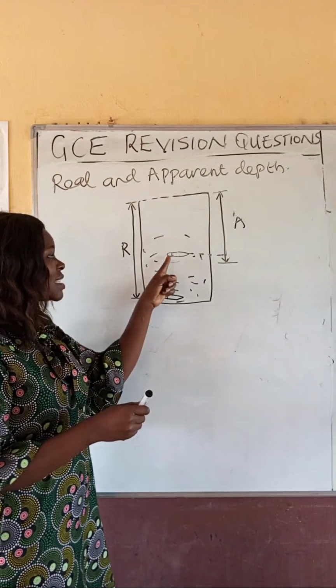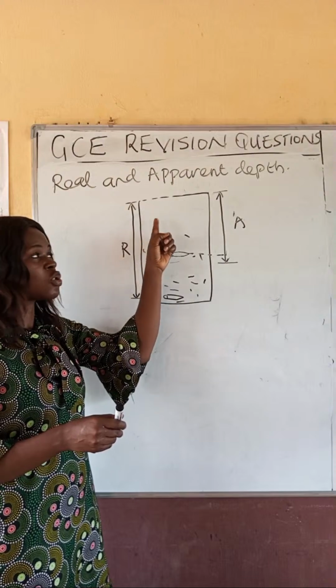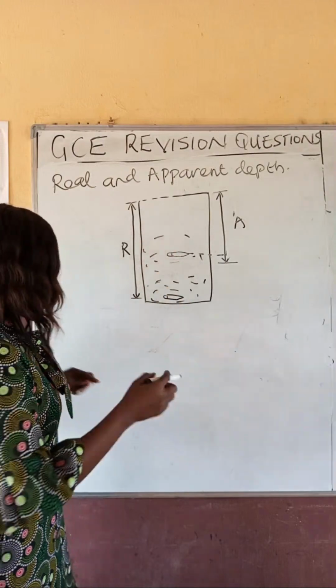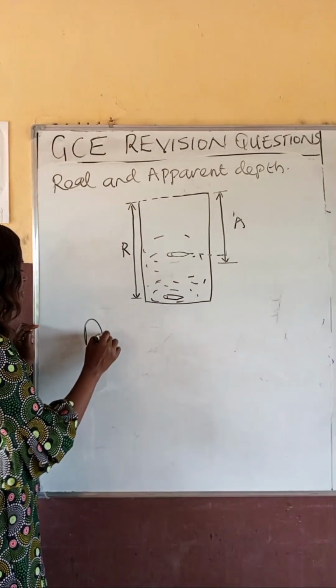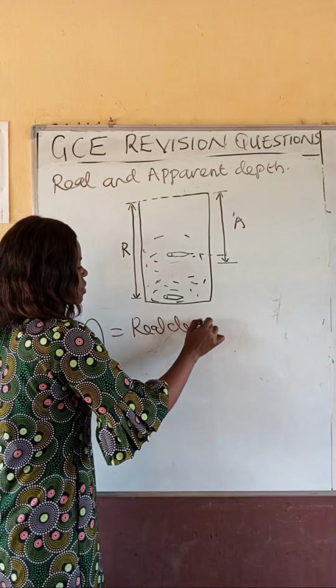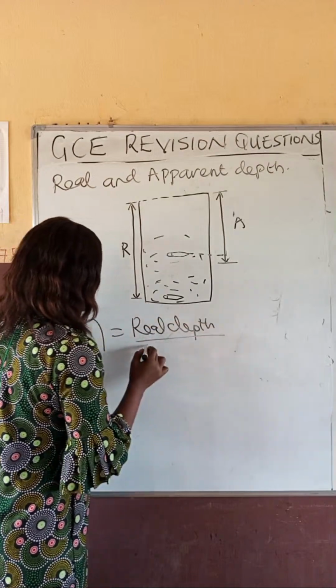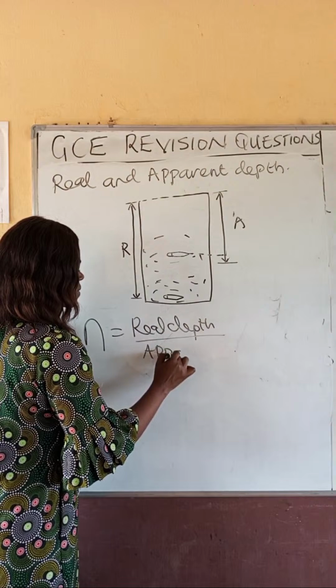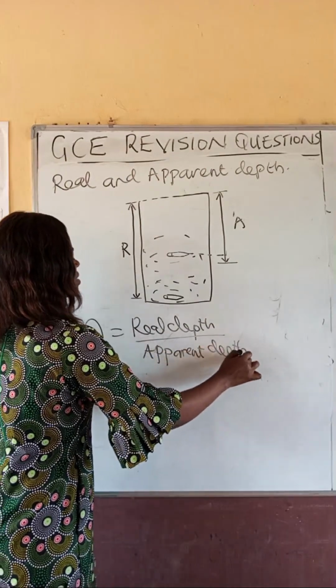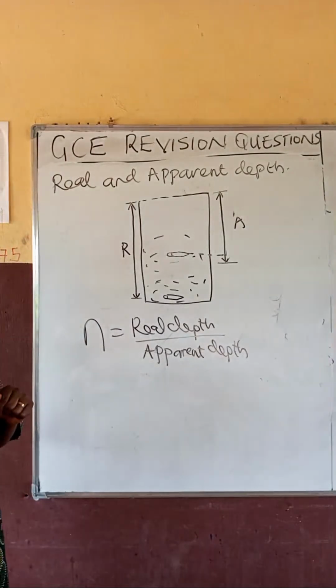So that is why when you are seeing that coin, it appears to be shallow. Do we understand? So refractive index n is equal to real depth divided by apparent depth. Is that clear?